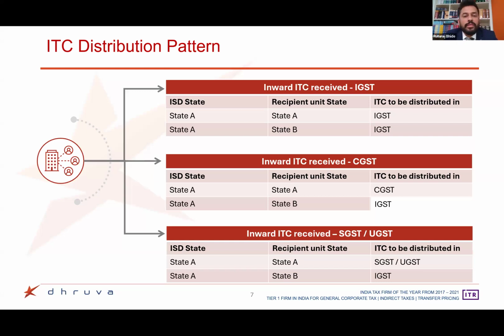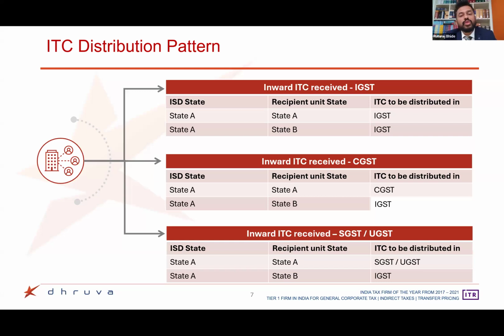For that, there is an explicit mechanism provided in the rules. If the ISD registration and the recipient registration to which input credit needs to be transferred are in the same state, then IGST will be transferred as IGST. CGST, SGST will be transferred as CGST, SGST itself.